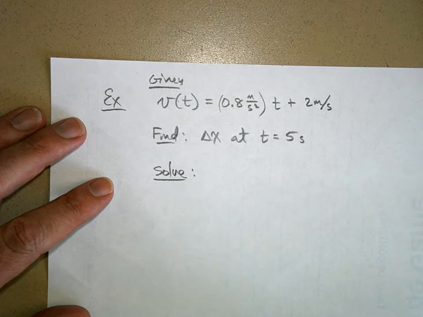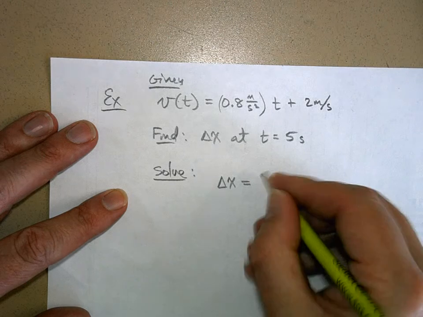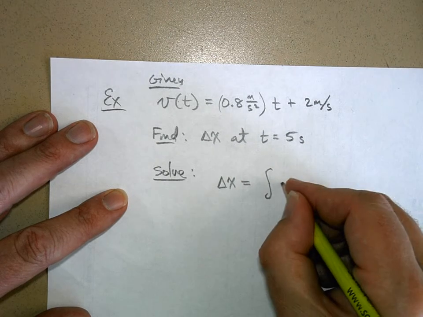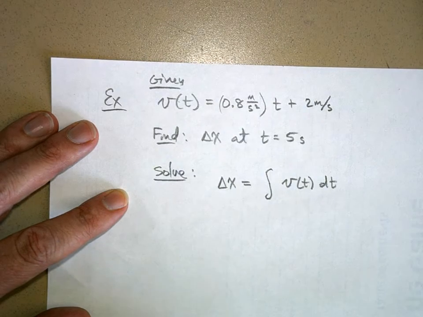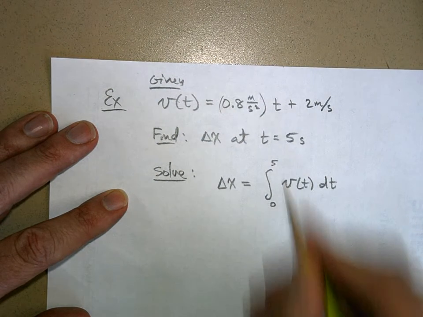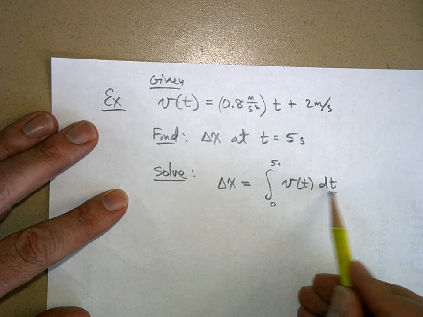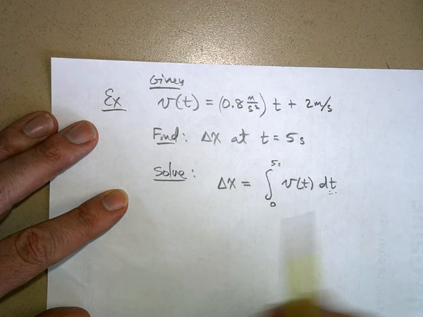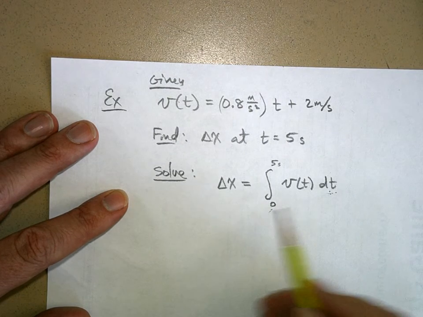So I'm going to say delta x is equal to the integral of velocity as a function of time times our little chunks of time, and we're going to sum it from 0 to 5 seconds. The initial time is 0, the final time is 5 seconds.